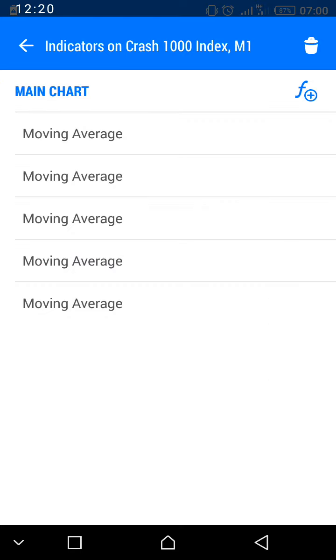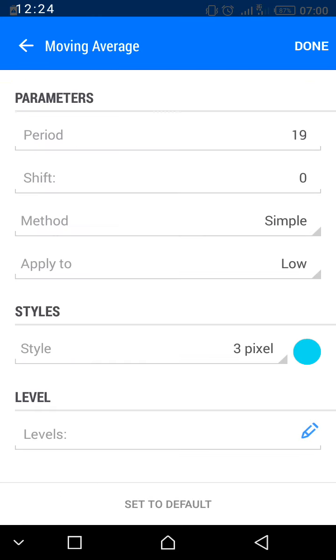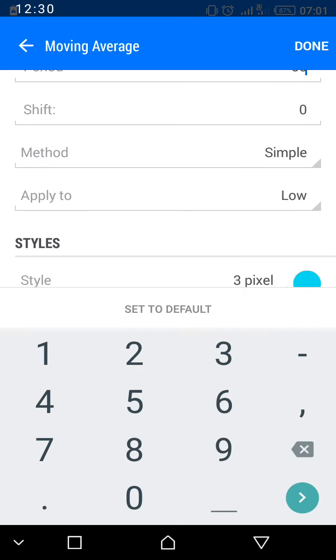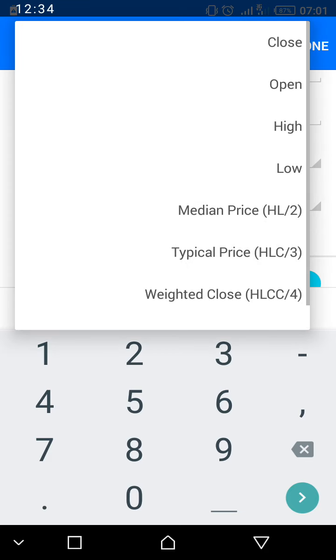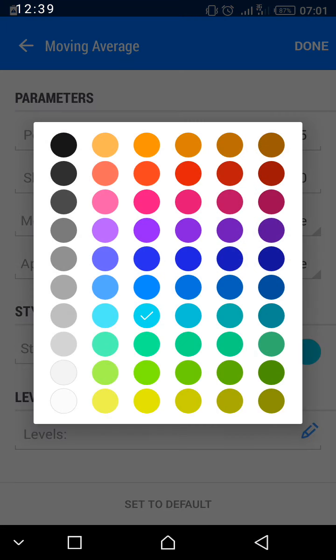Now you press on F, moving average. Then this time around 55, simple, set to close, and then purple. Now purple, second column, third row.